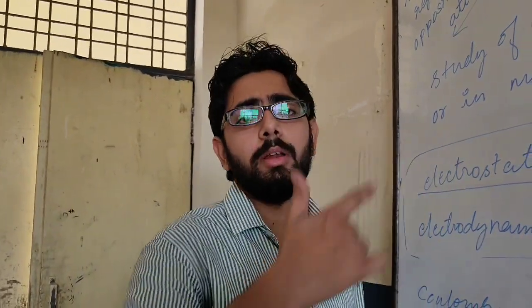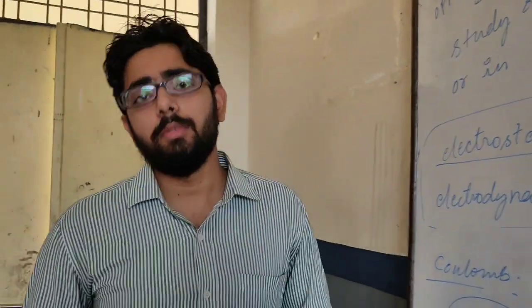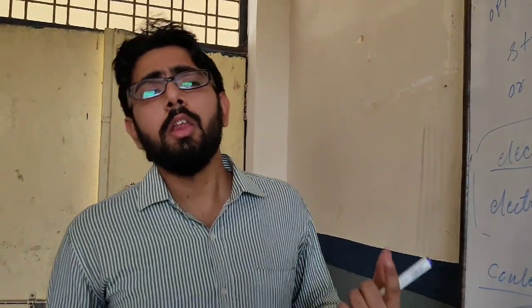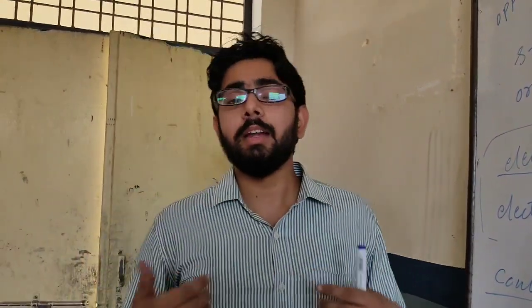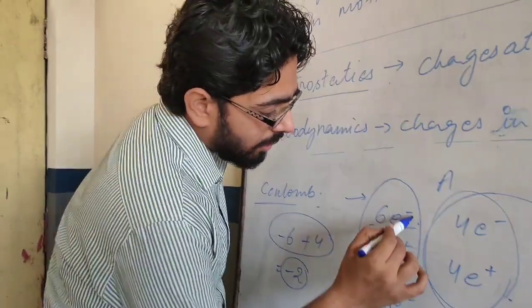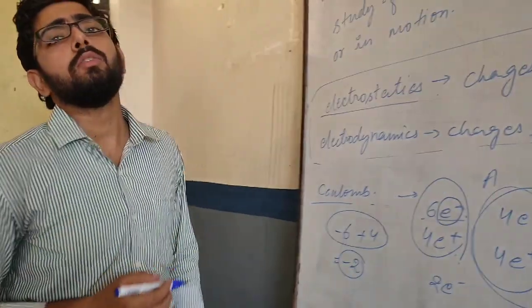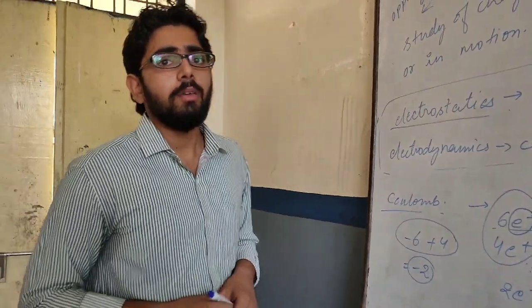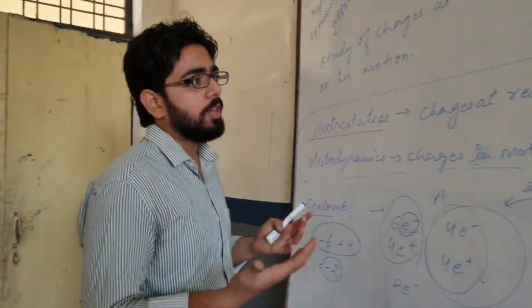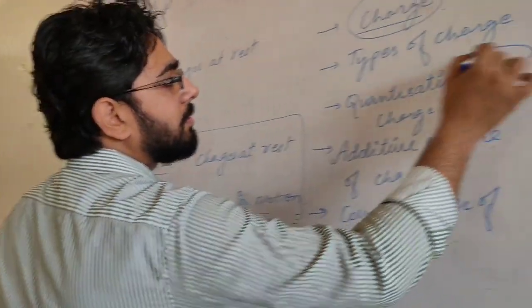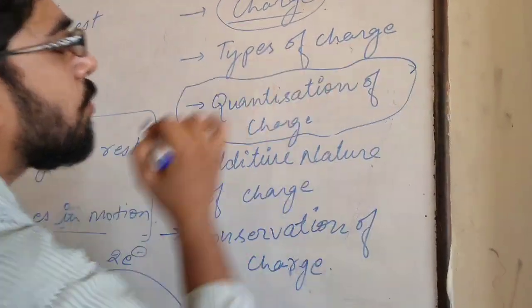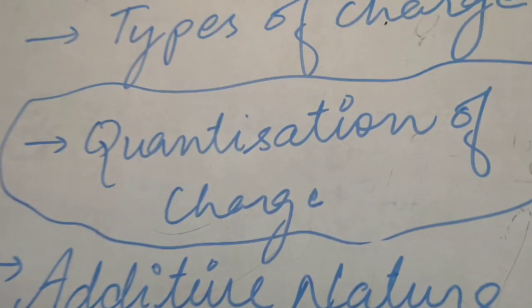The total or net charge of the body will always be conserved. Only loss of electrons or gain of electrons leads to a charge on a body, which means the body is charged.